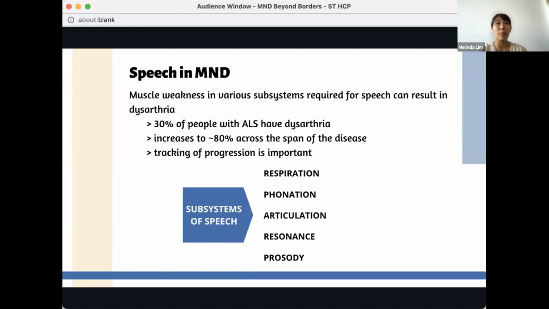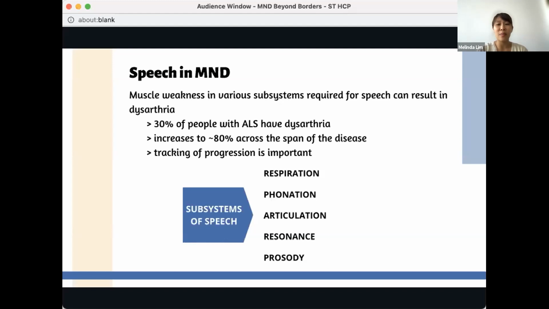They took two parameters. One was how clear the speech was, and another one was the rate of speech, so how fast the person is able to speak. They did find that those with bulbar onset symptoms have a sharper decline in how clear the speech is, whereas those with non-bulbar onsets showed a relatively less steep decline.